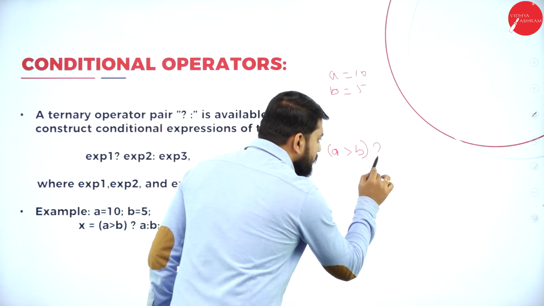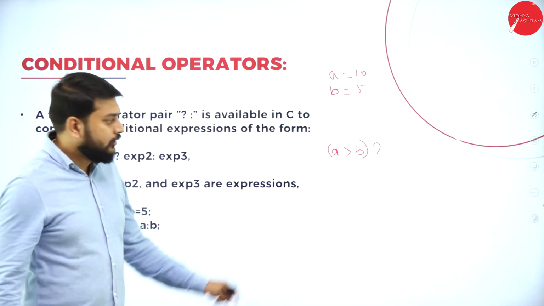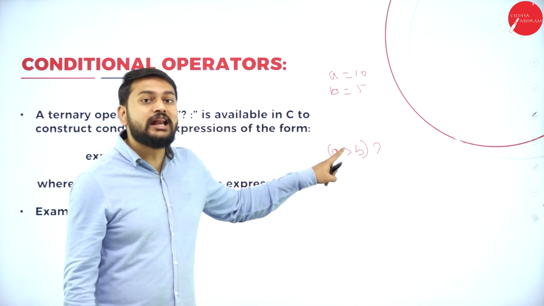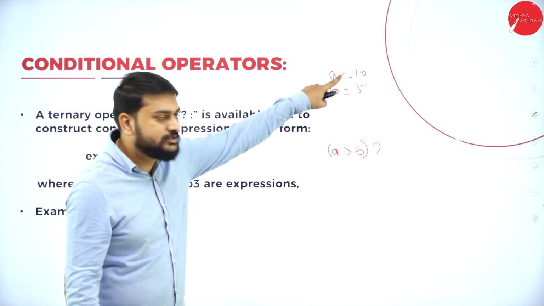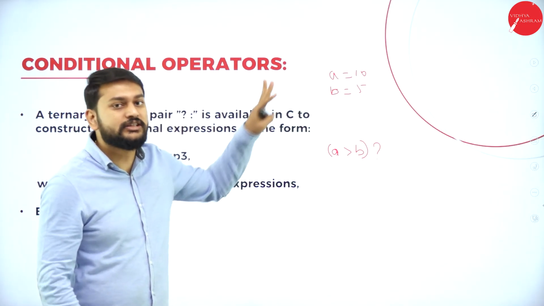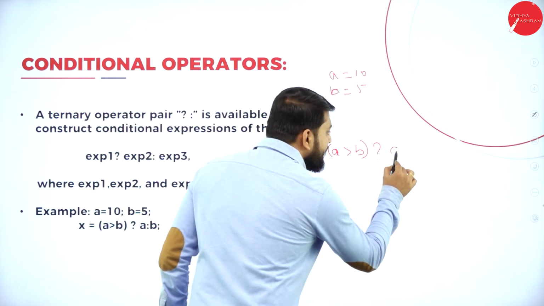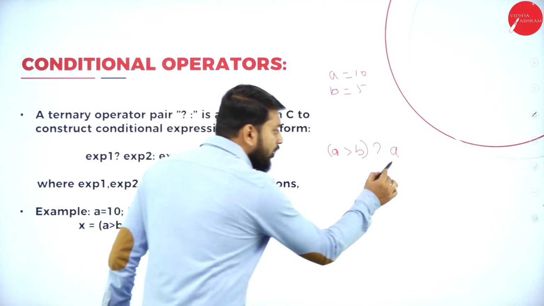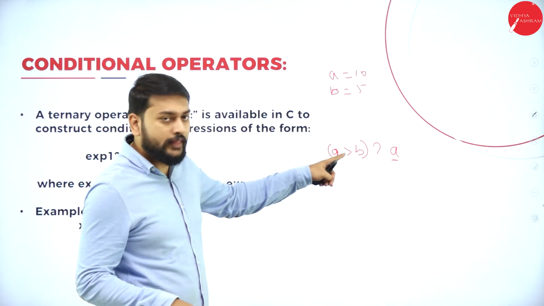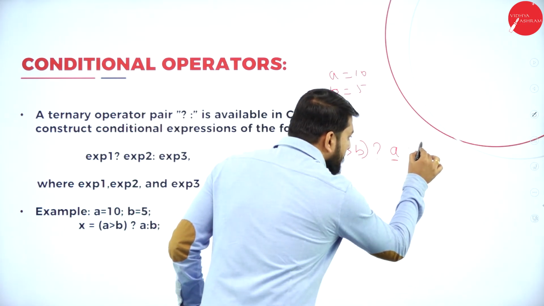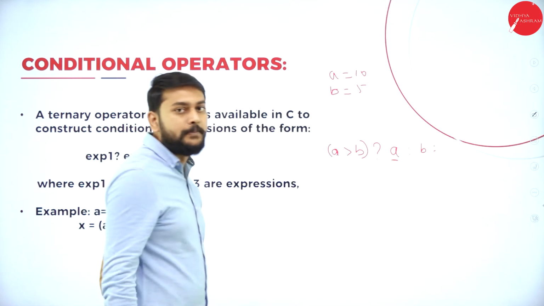Question mark. A is 10, B is 5. Is it greater? Yes, it is greater. Then you return A. Suppose it is not true, then you will return B.